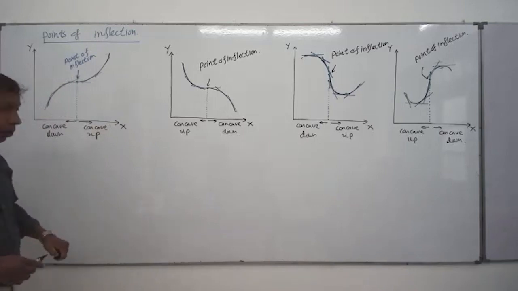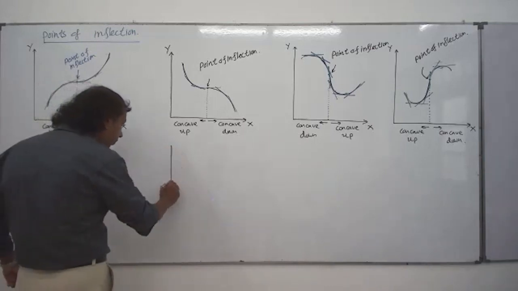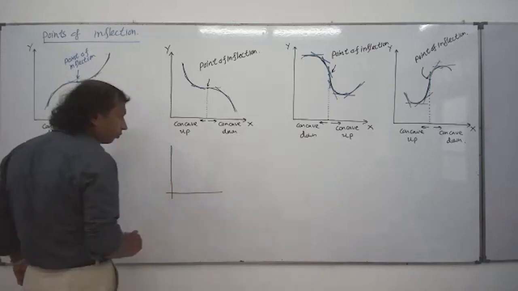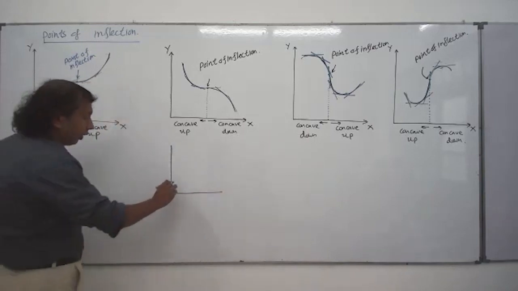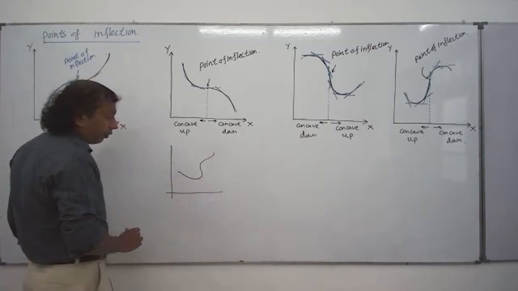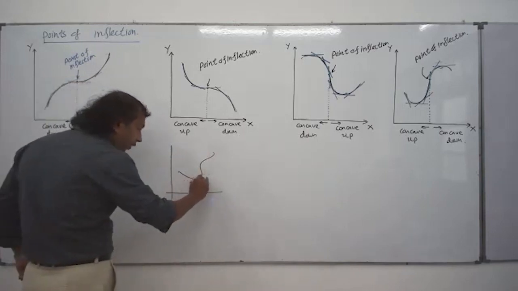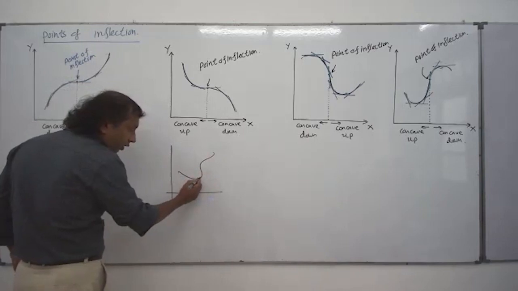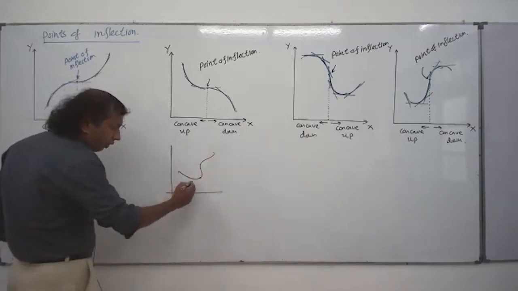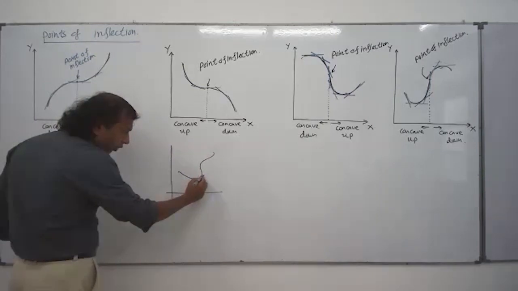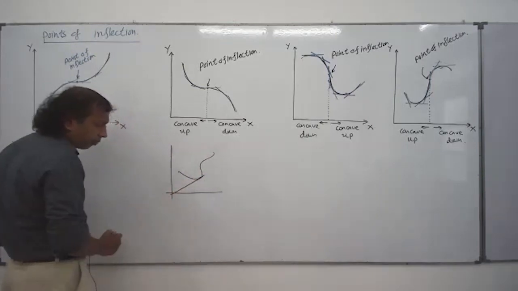You know, when we consider a graph this way, the gradient of this graph at a point we measure like this. For instance, if I need the gradient of this graph here, at that point to the curve, we construct a tangent like this.